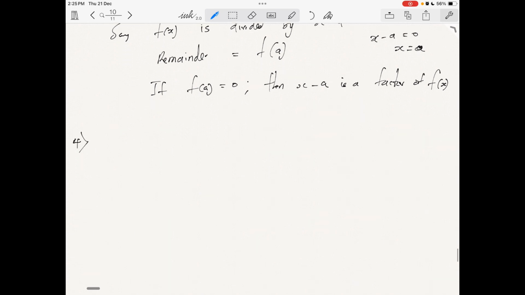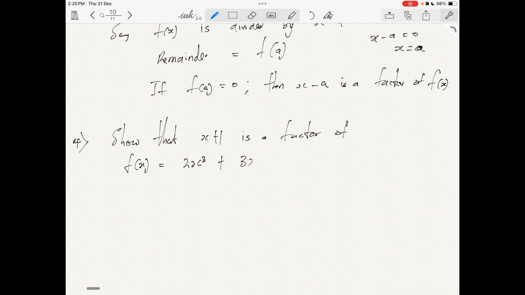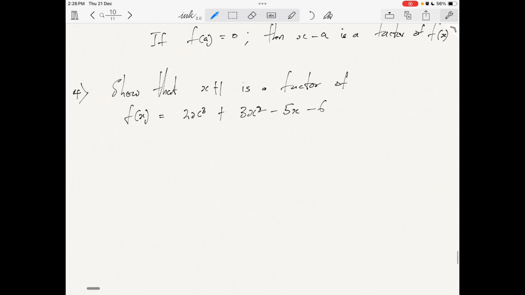The question says show that x plus 1 is a factor of f of x equals 2x cubed plus 3x squared minus 5x minus 6. Now we realize that this is our divisor and this is our dividend.